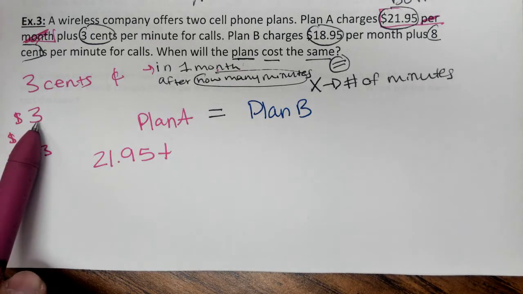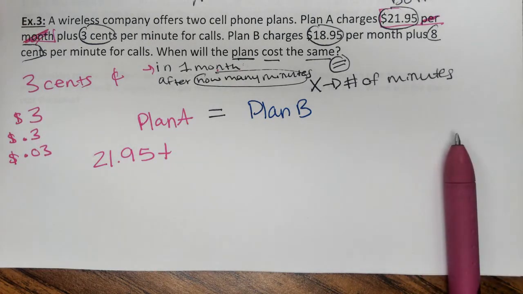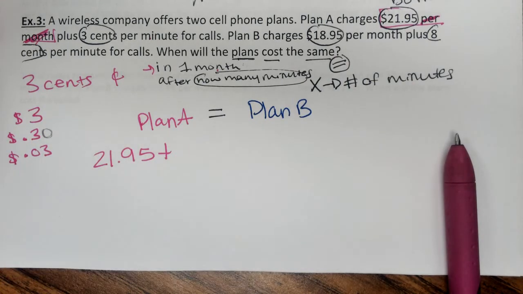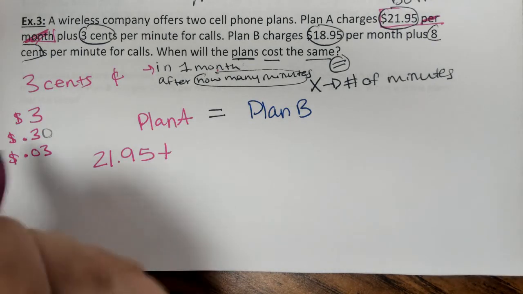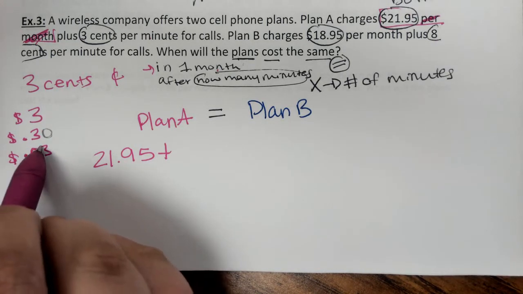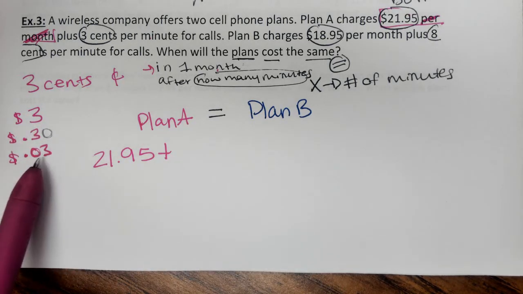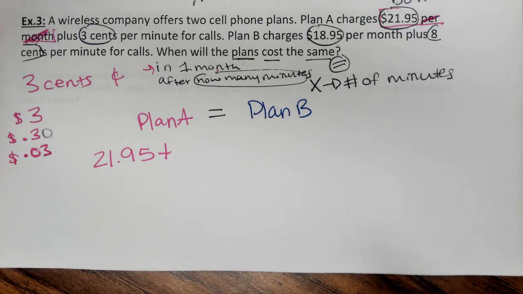So if I use just 3, that says $3. If I say 0.3, this says now 30 cents. And 30 cents is a lot different than 3 cents. 3 cents is 0.03. It takes 100 pennies to make the dollar. This is 3/100ths, so 3 pennies.